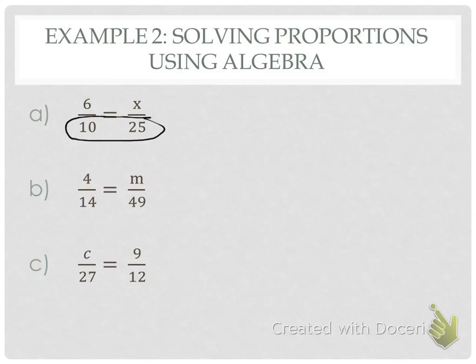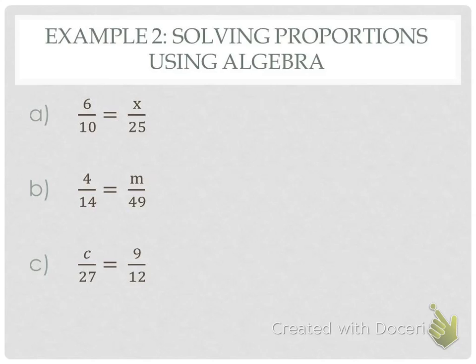What about 14 and 49? That's not going to be an even number. What about 27 to 12? That's not going to be an even number. So sometimes using equivalent ratios is not the most practical way to solve a proportion. So we can use another method.